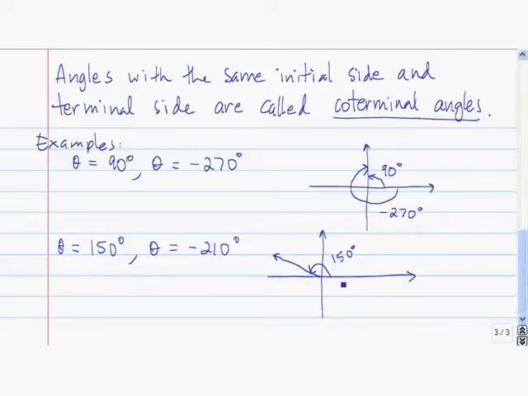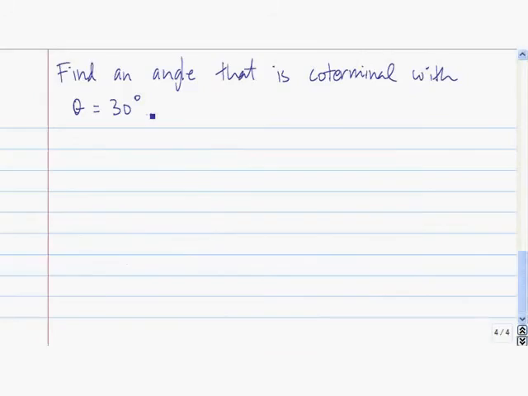Negative 210 degrees starts here on the positive x-axis, and we rotate clockwise through 180 degrees, and then 30 more degrees. So negative 210 degrees is this angle right here. Same initial side and same terminal side.